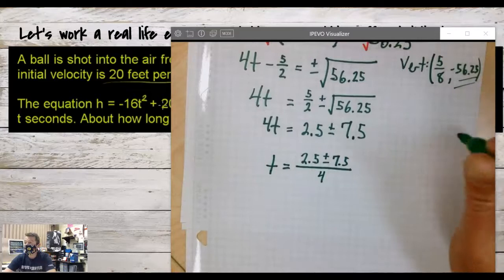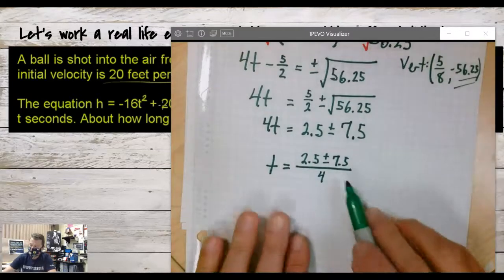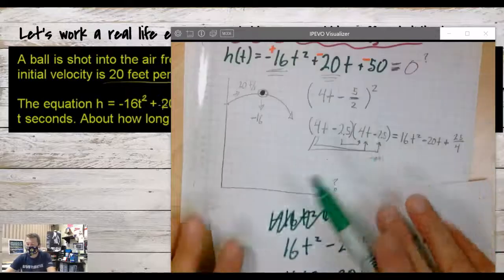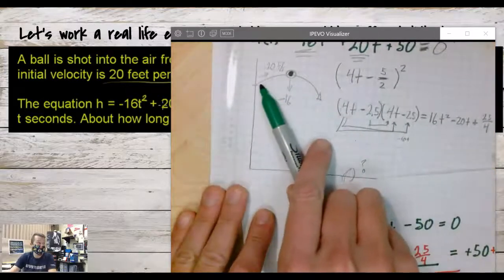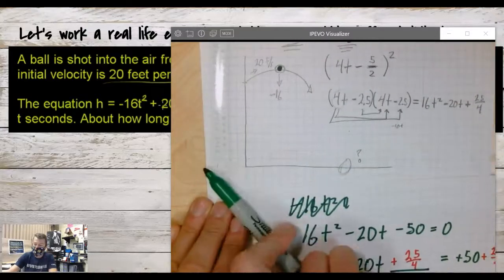In real world problems, we have to analyze, does a certain answer make sense in context? If we explore the negative route here, I'm going to get a negative amount of time. Well, that makes sense mathematically, that at some point, if this continued out here, there would be another 0.